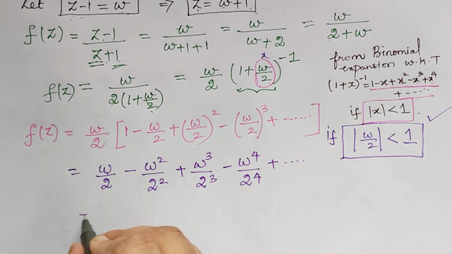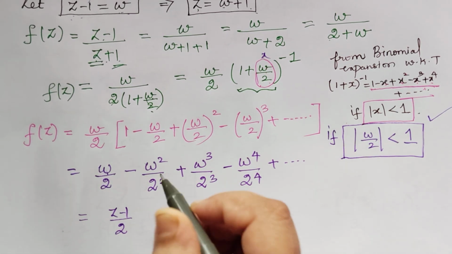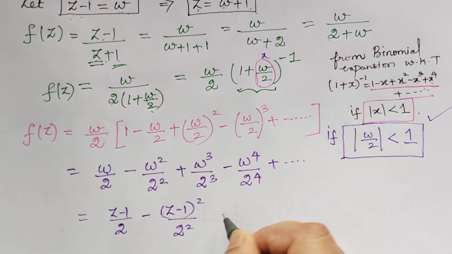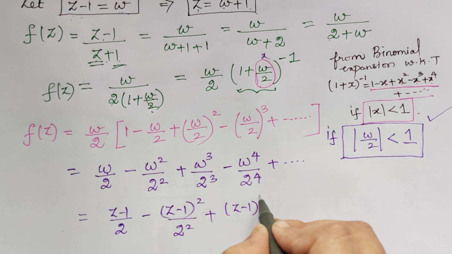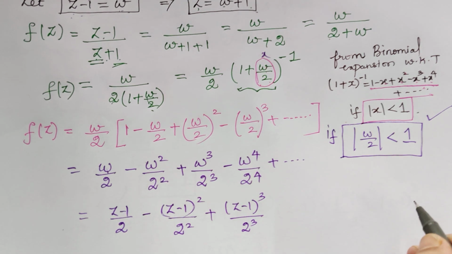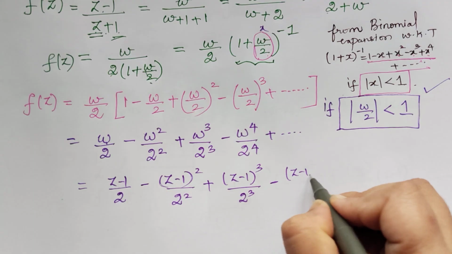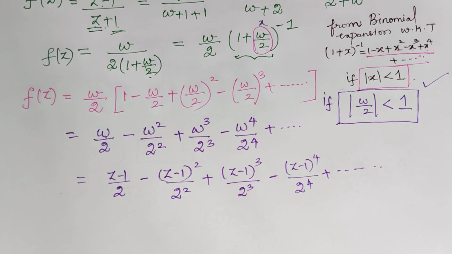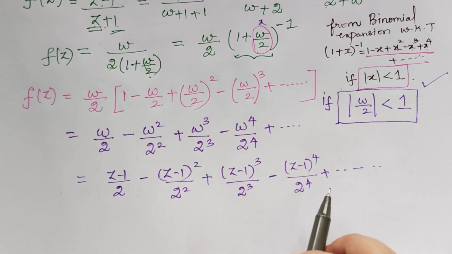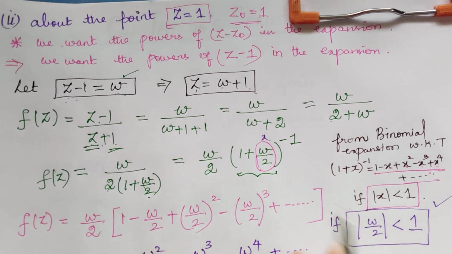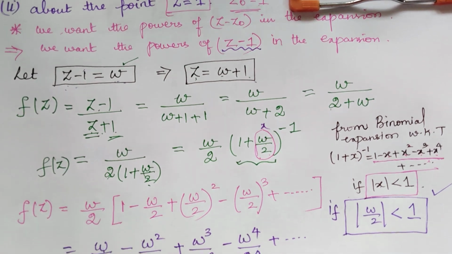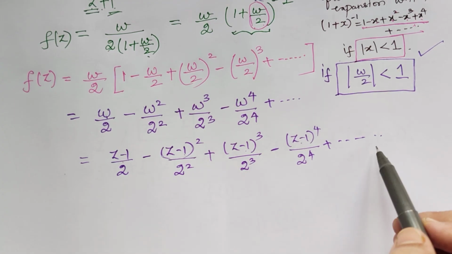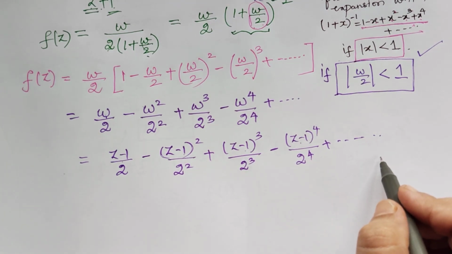So this will be equal to z minus 1 divided by 2 minus z minus 1 the whole square divided by 2 square plus z minus 1 the whole cube divided by 2 cube, and then minus z minus 1 the whole power 4 divided by 2 to the power 4 plus etc. So this is the required Taylor series expansion, because we wanted the powers of z minus 1 in the expansion, and hence we have achieved it. We have the powers of z minus 1 in this expansion, which gives us the required Taylor series.